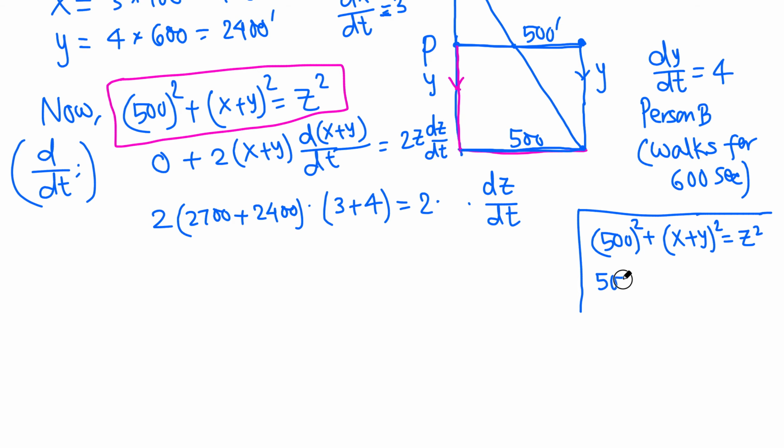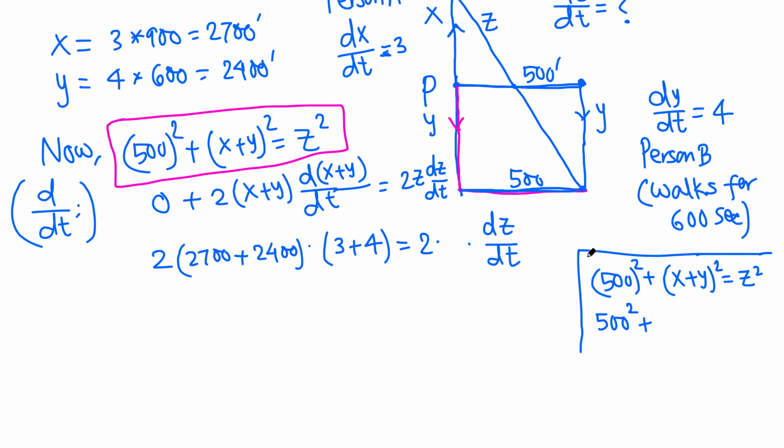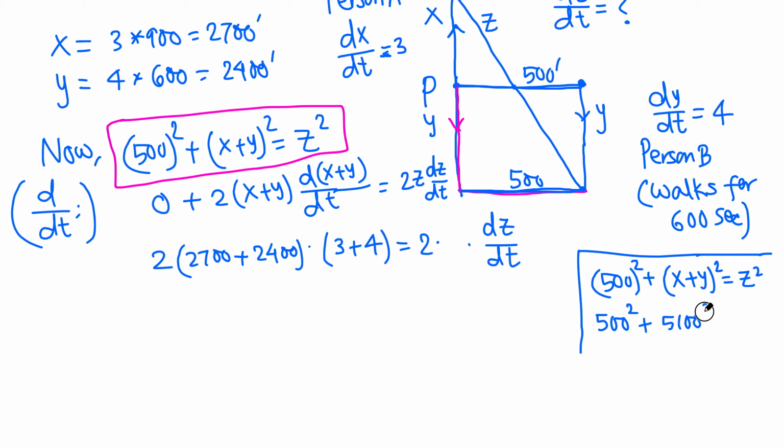I'm going to use a calculator, so I'm just writing 500 squared, 250,000. x plus y: x is 2700 plus y is 2400. 27 plus 24, that's 5100 squared equals g squared.